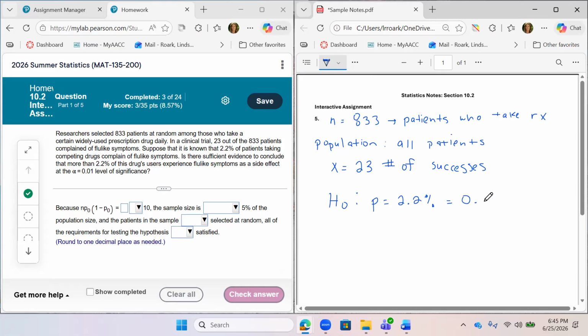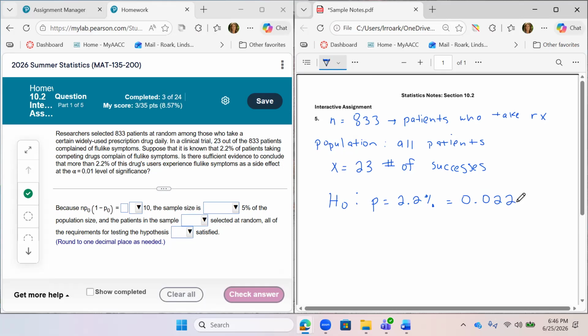However you want to think about it, that would be 0.022. That is the assumed-to-be-true null hypothesis: with these types of prescription drugs, you can expect 2.2% of patients to have these flu-like symptoms. Not great, probably. I'm assuming they probably wouldn't continue it. We aren't given a whole lot of context here.